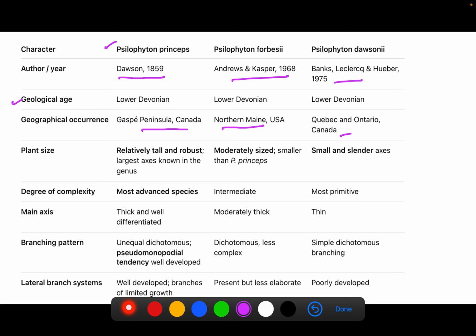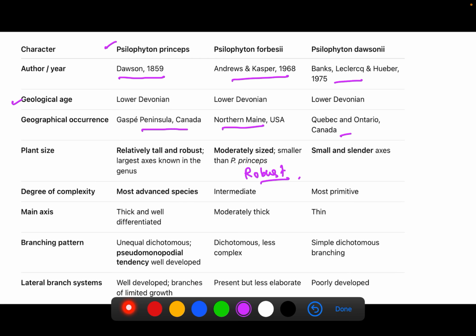The plant size of this one is relatively tall and robust. When we check different literatures, you will find that in some, forbesii is given as more robust. But in terms of size, this is bigger.